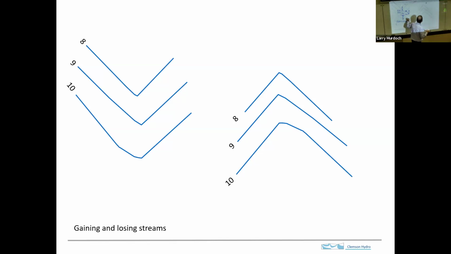So here's the opposite. This is high and low. So we're going now from high to low in that direction. The groundwater flow is like this. So it's away from this zone here. And we've got the flow vectors resolved like that.